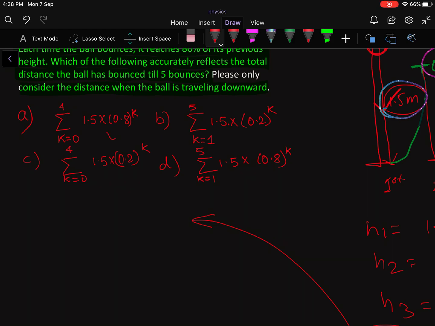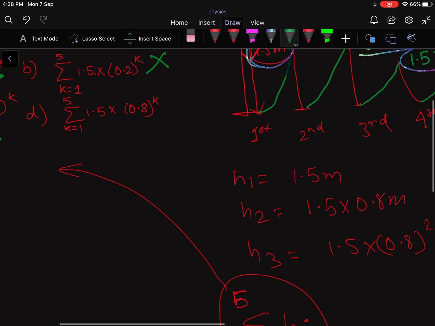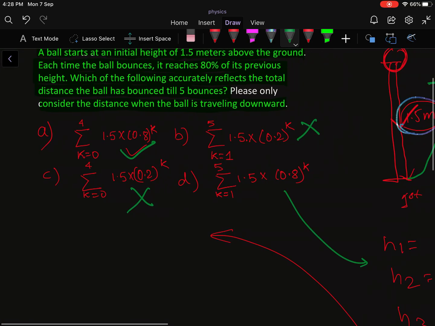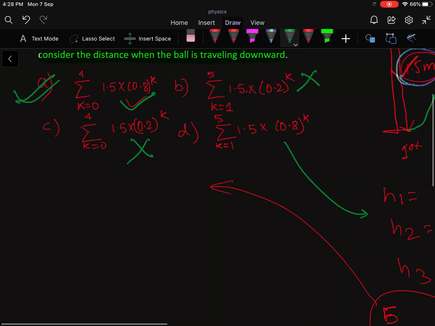So it is correct, it is matching. This doesn't match, this doesn't match. And see here, if you put k equals 1, it will be 1.5 into 0.8, which is the second term. So the answer here will be A.